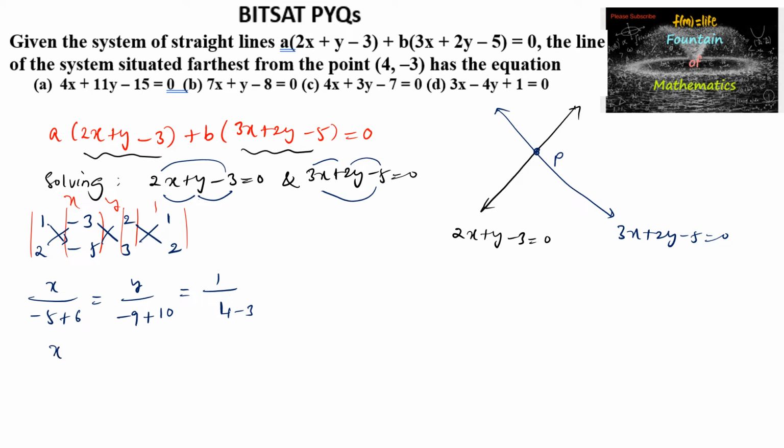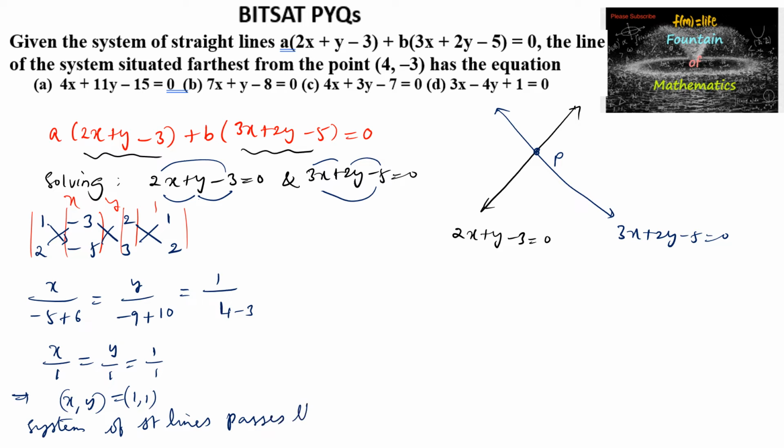So we can write x upon 1 is equal to y upon 1 is equal to 1 upon 1, which implies x comma y is 1 comma 1. So our system of straight lines passes through 1 comma 1. So here is the point 1 comma 1 we can note.